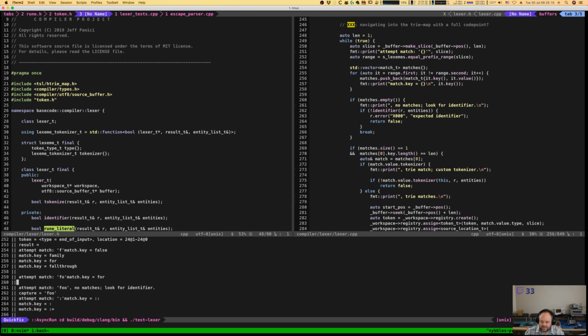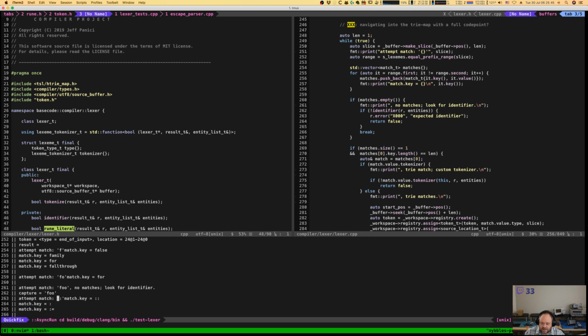So now we have FO, and it tries to match FO. The map comes back with for, which doesn't match, right? Because the next character is O. So that doesn't match anything in the dictionary, and we go to our special tokenizer, which means it's an identifier, and we capture foo.